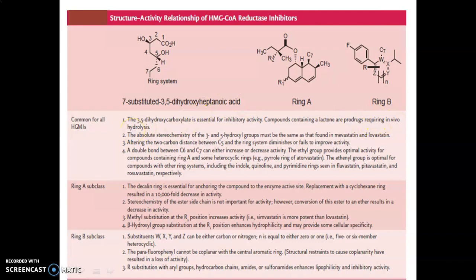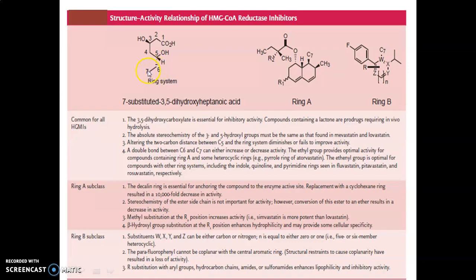So wherever the lactones are present, it has prodrug activity, meaning it is activated in the liver after hydrolysis. The absolute stereochemistry of the 3 and 5 hydroxyl groups must be the same as that found in mevastatin and lovastatin. Altering the two-carbon distance between C5 and the ring system diminishes or fails to improve the activity.